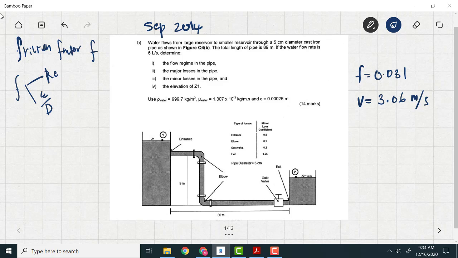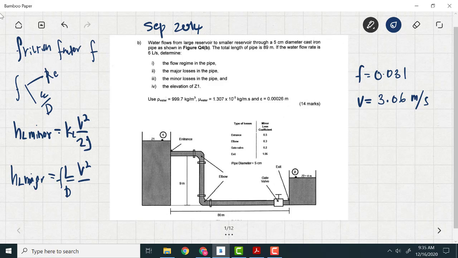And then we also had looked at HL minor, which is minor losses, which can be written as KL V square over 2G. And we have also looked at HL major, which is F, the friction factor, L over D, V square over 2G. So this is the equation.